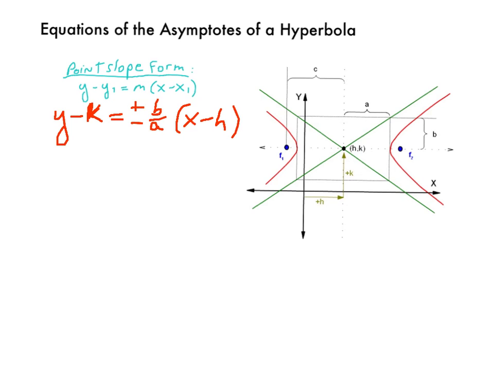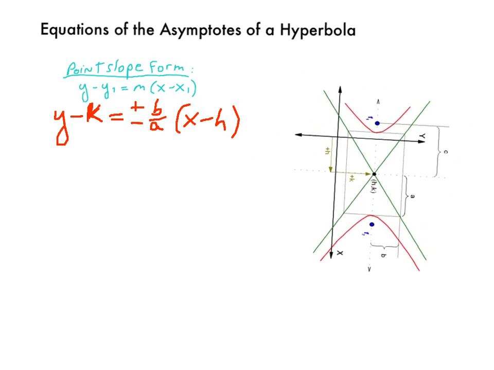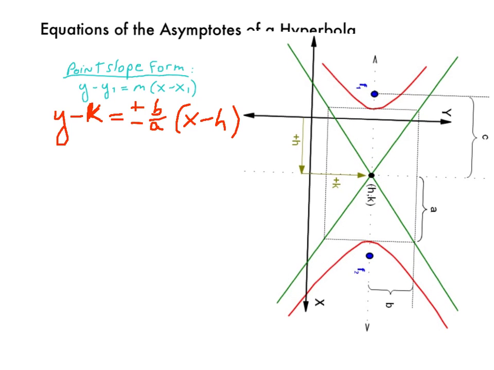If your hyperbola is oriented the other way, like this, where your transverse axis is parallel with the y-axis, then your formula would look like this. It's still going through H, K. The only thing that changes is the slope.